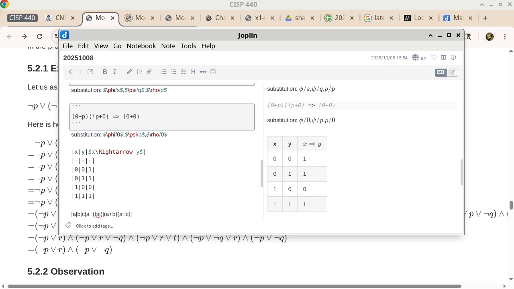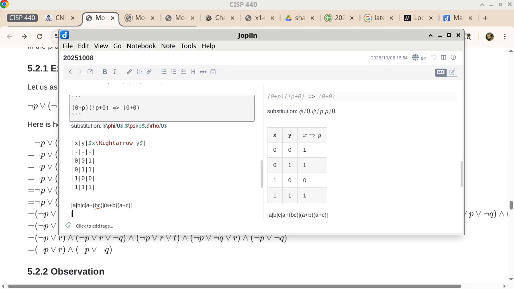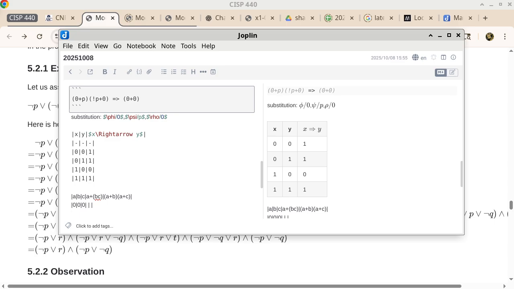So those are the 5 columns that we have, and A, B, C are the independent variables. Let me just make it into a table first. Why is it not turning into a table? Did I miss something again? No, I did not.